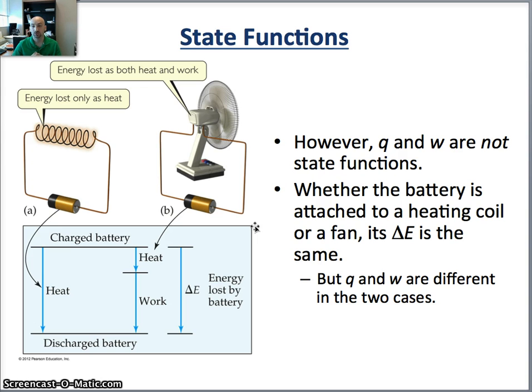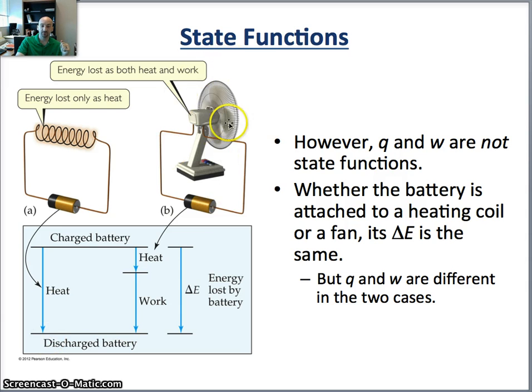However, Q and W, the heat and work, are not state functions. Basically here you have a figure that shows a battery can be attached to either a fan or to this heating coil. And we're going to drain that battery from charged battery to discharged battery. If it's in that heating coil, part or all of the energy from that battery is discharged as heat.